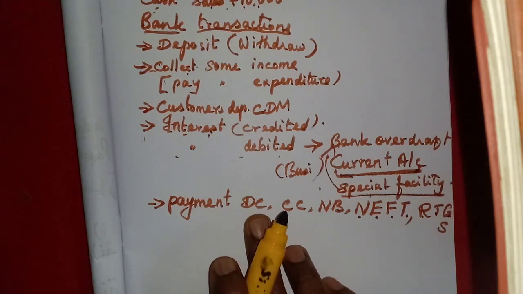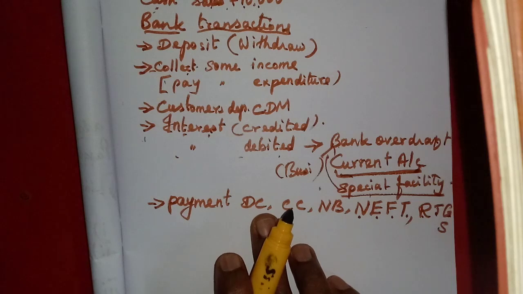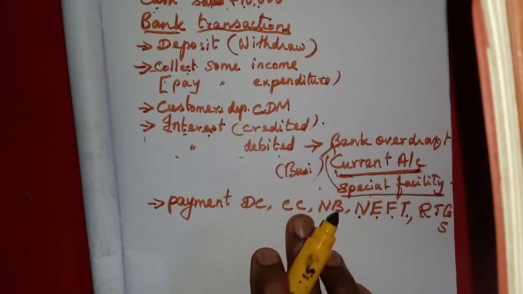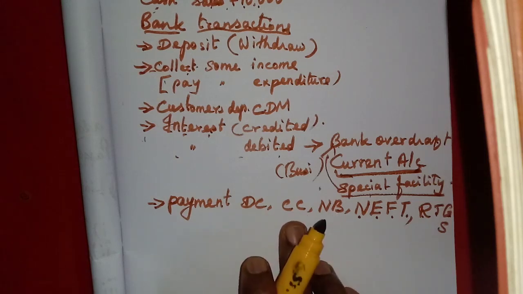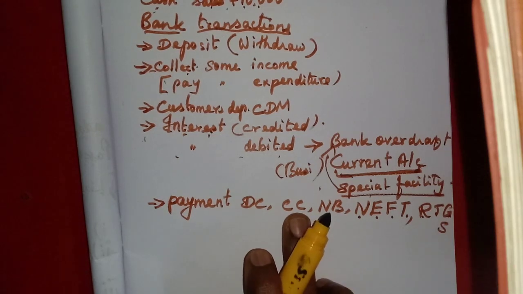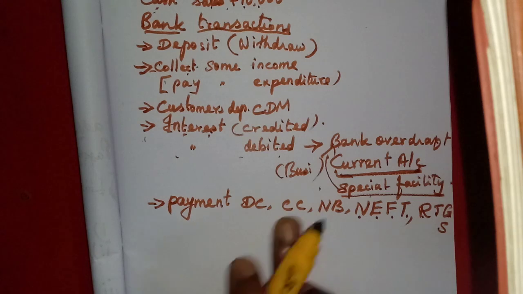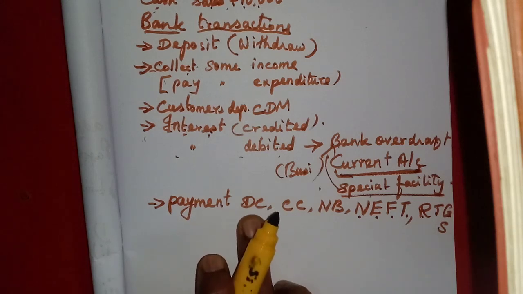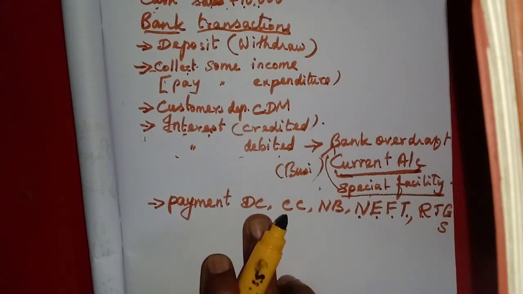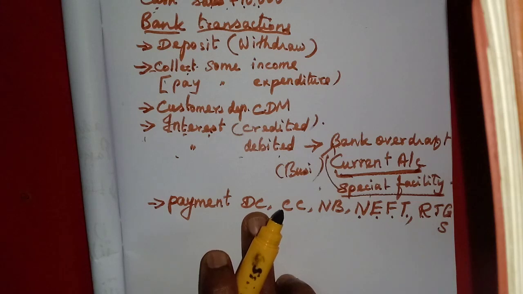Debit cards are given to our savings bank account holders. Credit cards may be given to employees. Here also they have the facility to withdraw more money than what is available in the bank account. But with the debit card, we are allowed to withdraw money as per some restriction.